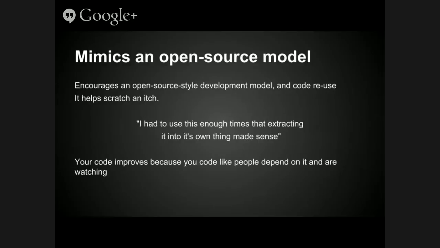So your code improves as well because you code like people are watching. And in my experience, it's part of the reason I find pair programming so important and TDD important and open sourcing software is important, is that you are better because people watch you, because you don't cut corners, and you make sure you've got the test coverage and the documentation because you know that this isn't just bounded to your own brain.